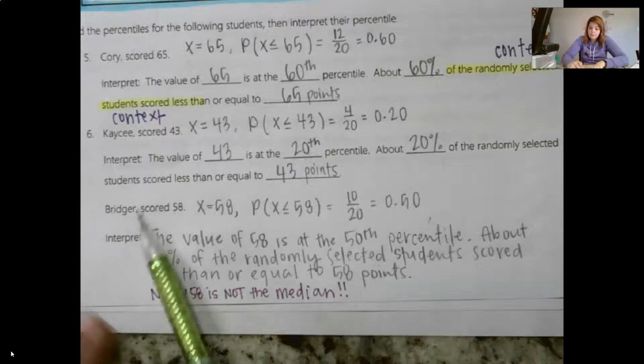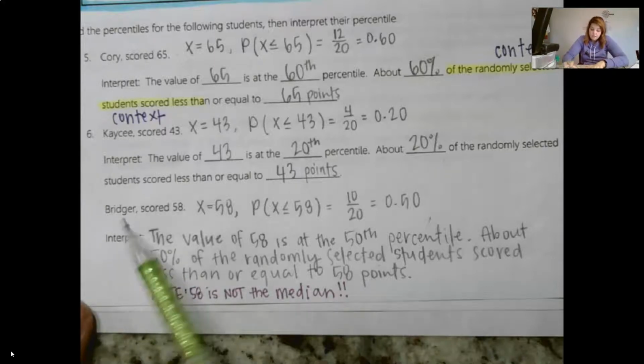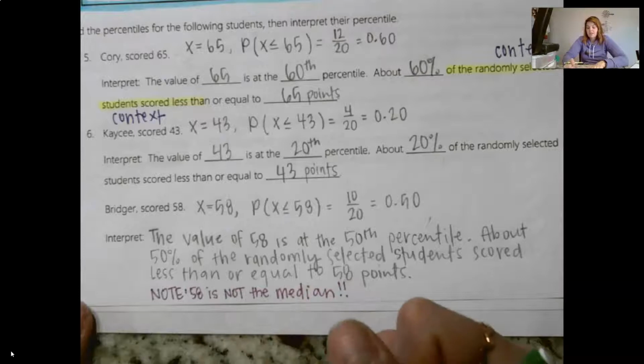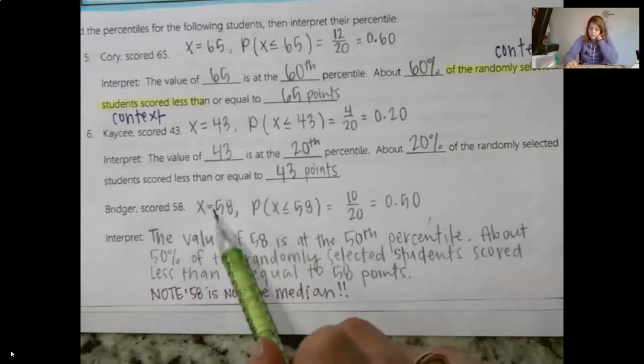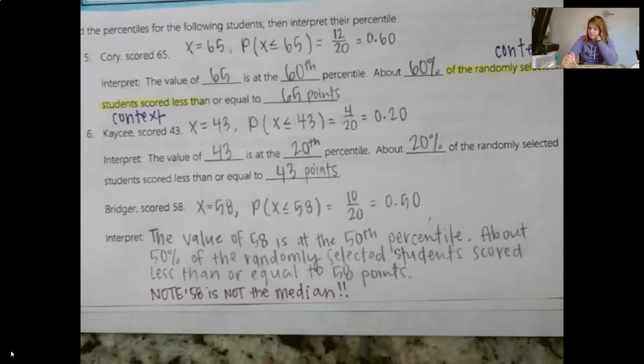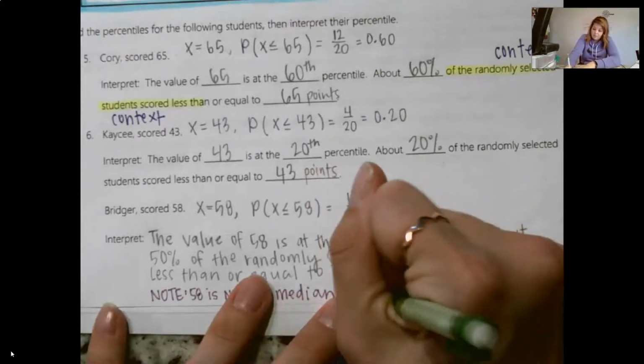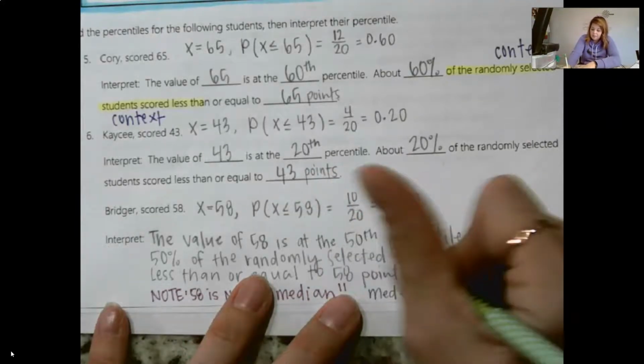So including Bridger, 50% of the data is the score of 58 or less. So Bridger is in the bottom 50%.